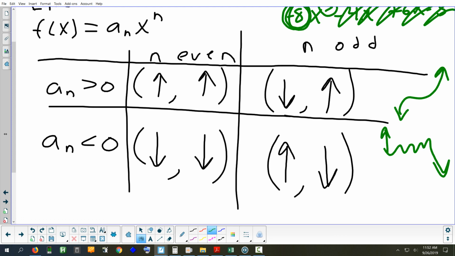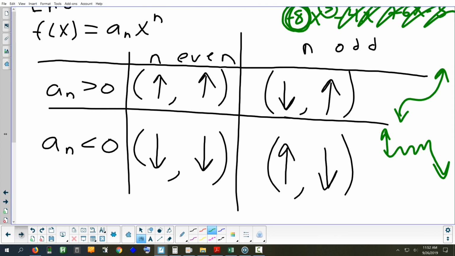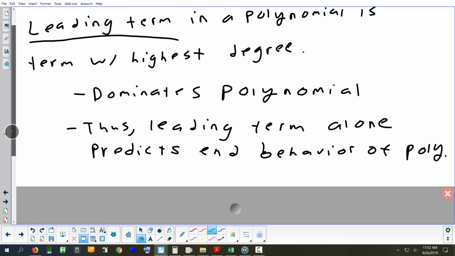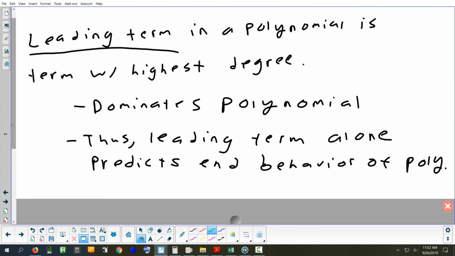Okay, so that's a chart that'll quickly tell you end behavior, just looking at the highest degree term and the number in front. The leading term in the polynomial controls the whole thing. You really don't need to write that down, we just said that, but you can if you want. The leading term is the one with the highest exponent.